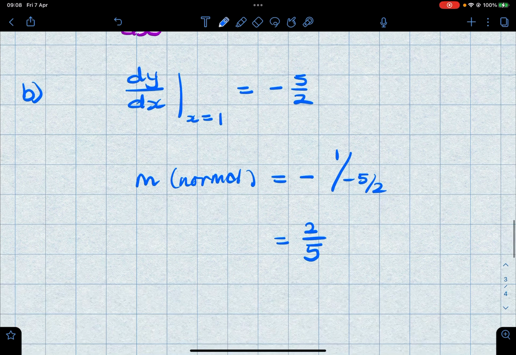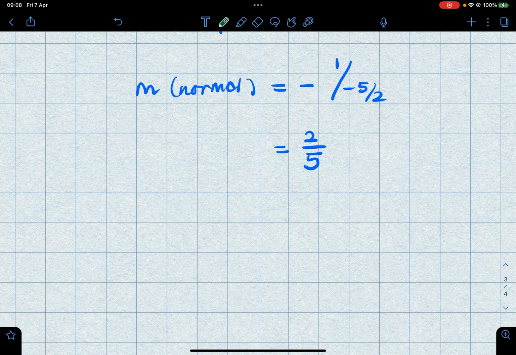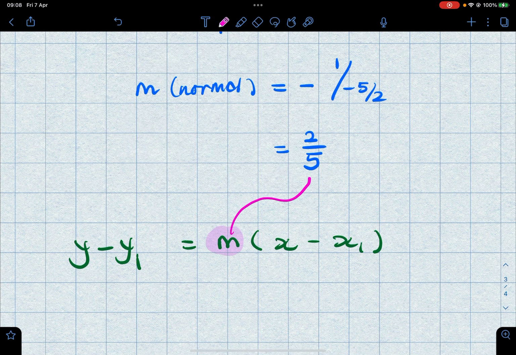Okay. So what's the equation of a straight line? Because they said find the equation of a normal. The equation is y minus y1 equals m times x minus x1. So we know what m is because we just found it. We know what x is.